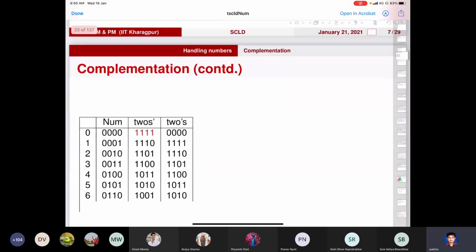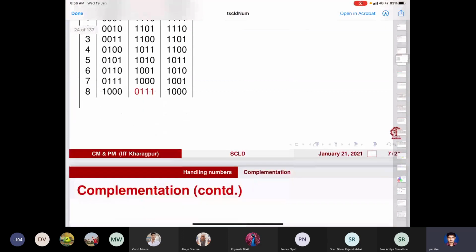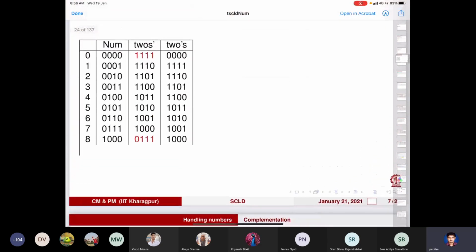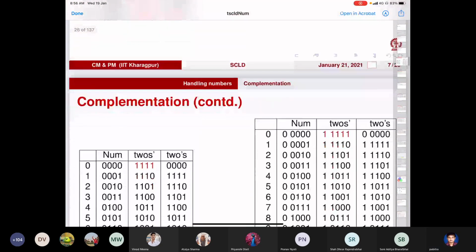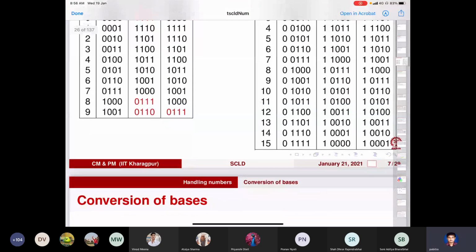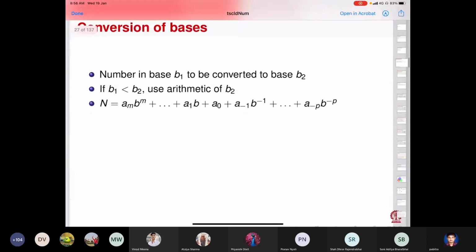I'm not going through this example; maybe as an exercise you can check it. So these are examples of the rules we have spoken about so far.